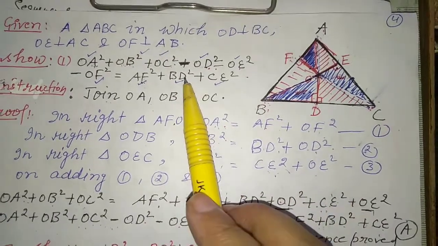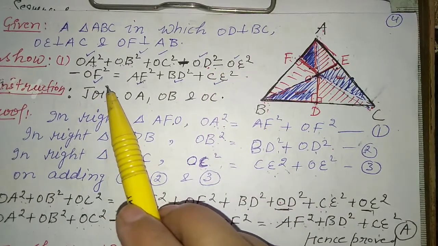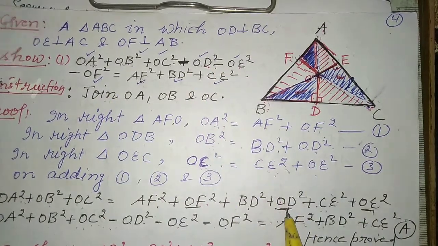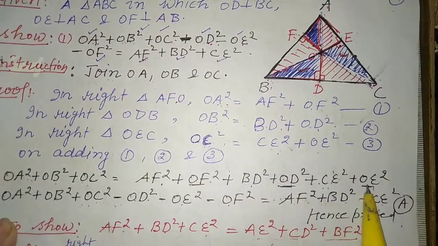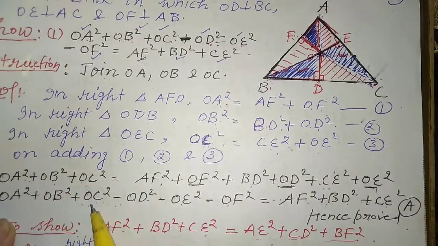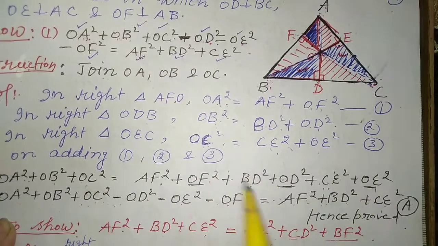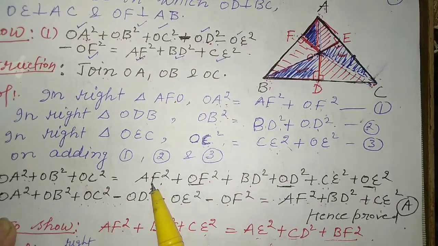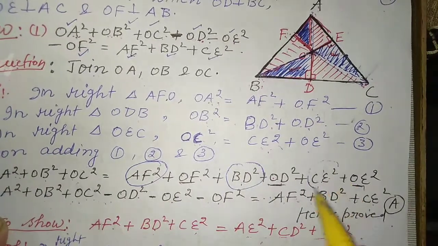What we want to prove has OD, OE and OF on the left side, so we will transpose OD, OF and OE to the left side. So OA square, OB square, OC square minus OD square, OE square, OF square is equal to AF square, BD square and CE square, which remain.